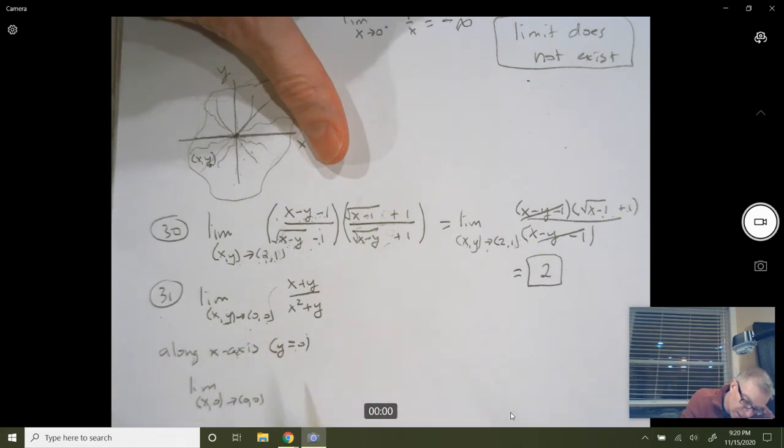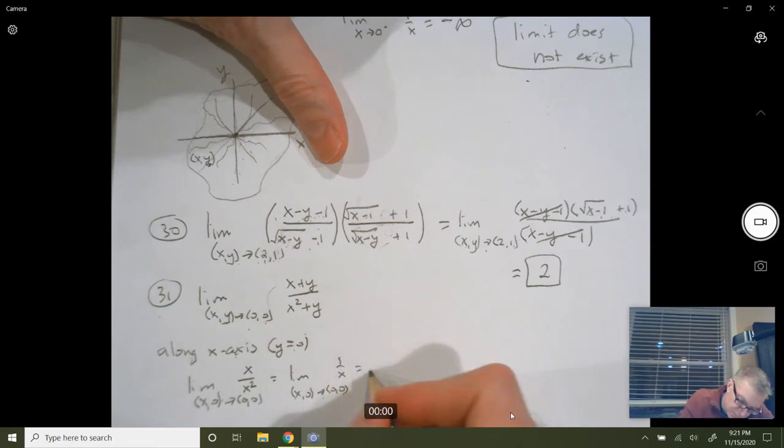So I'm just going to plug that in, and I'm going to put in the 0 for y. So on the top, I've got x. On the bottom, I've got x squared. Okay, this can reduce: the limit as x comma 0 goes to 0, 0 of 1 over x. And then we get something that's infinite.